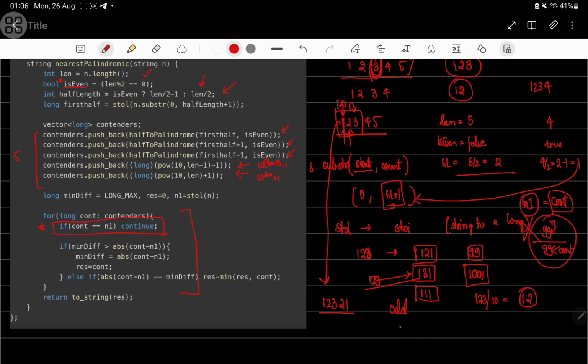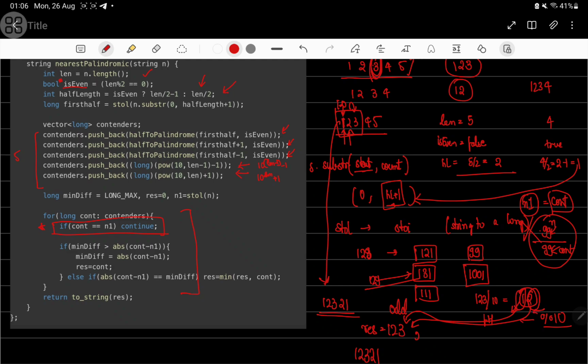Now we know that let us have the half length, the result as 1 2 3. Now using this first half, we need to calculate 1 2 3 2 1. Now we will just get this number, the last digit, and append it over here. Then we'll get this digit and append it over here. So we are just doing modulo ten operations.